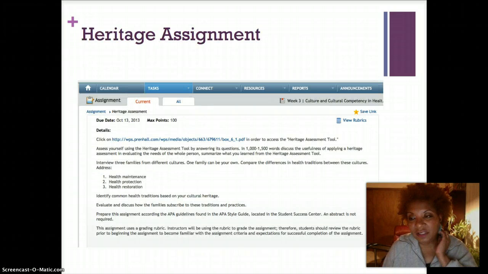I had a couple of questions come in regarding the heritage assessment. Over the past couple weeks we've looked at the role of a professional nurse in community health. We then looked at education. The focus was on what teaching methods you use and what you have to understand about teaching and learning, because an important role of the community health nurse is patient education, but not just on an individual level like you might do in acute care.